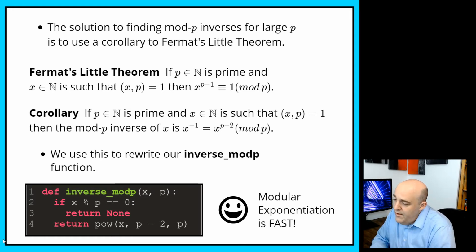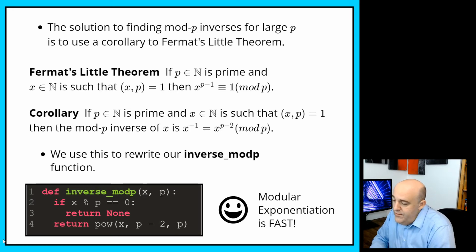So that's a corollary of Fermat's little theorem: if you have a prime p and any positive integer x which is relatively prime to p, the inverse of x is given by this formula. It's x to the power of p minus 2 mod p.